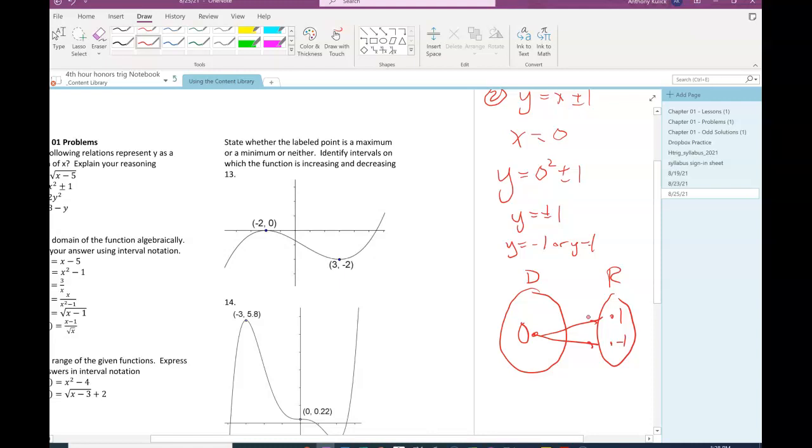So this would be not a function, right? Because you have 0 going to 2 places. Is that okay there? And really almost any x you could pick. In fact, any x you could pick, you'd get this behavior of 2 inputs.